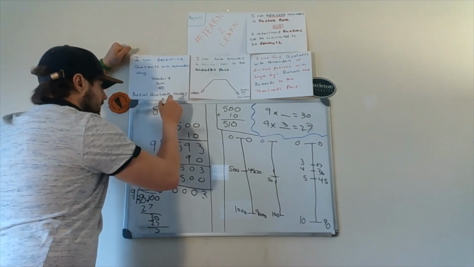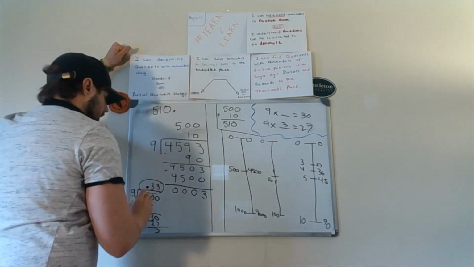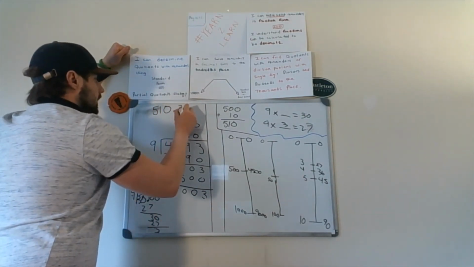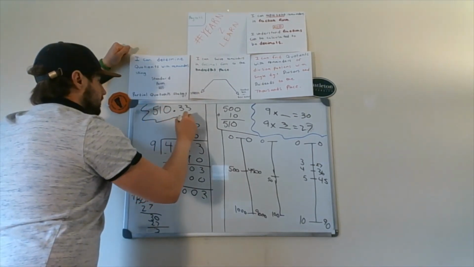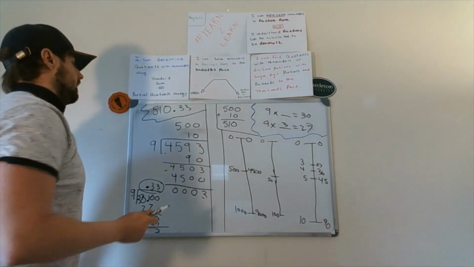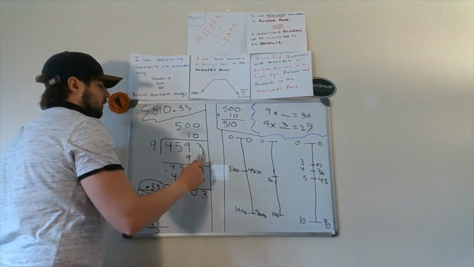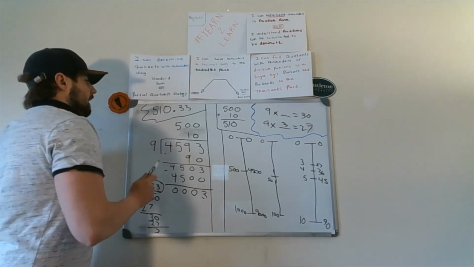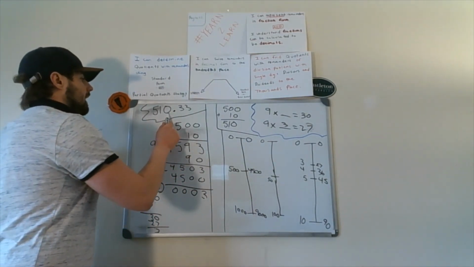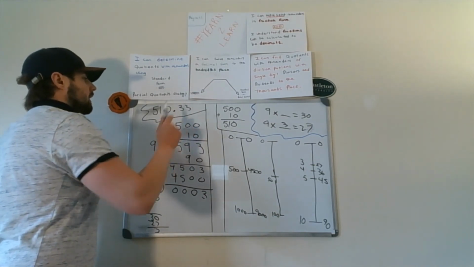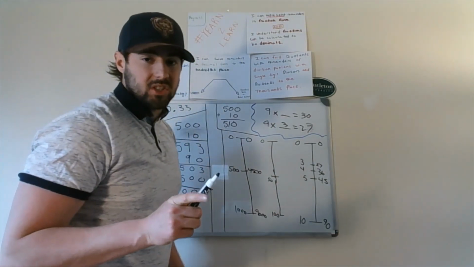That would be 510 and 33 hundredths. That is our final quotient. 4,503 divided by 9 is 510 and 33 hundredths.